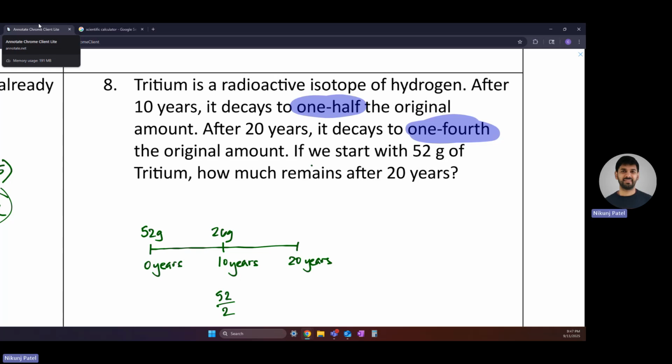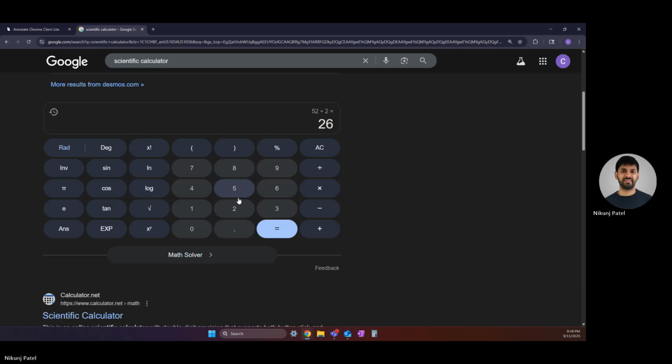And then in 20 years, it decays to 1/4 of the original amount. The original amount was 52, and 1/4 of that would be whatever we have at 20 years. So we can take the original and divide it by 4, since it says 1/4. 52 divided by 4, so we get 13.